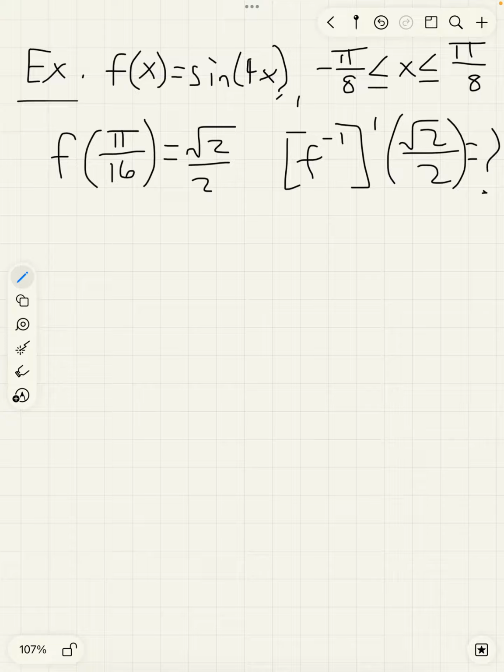We just need to know what f prime is. So f prime, we're going to get by using our chain rule. Okay, and we get 4 cosine of 4x.